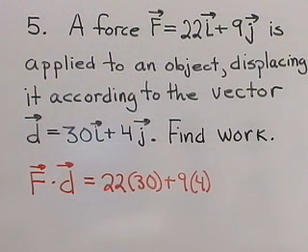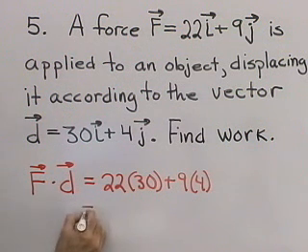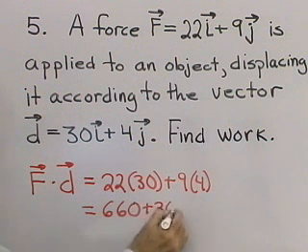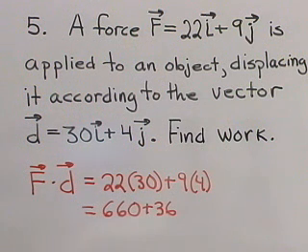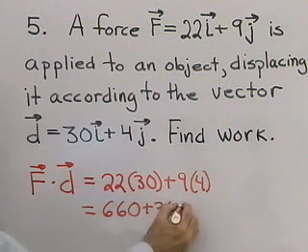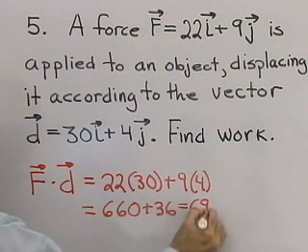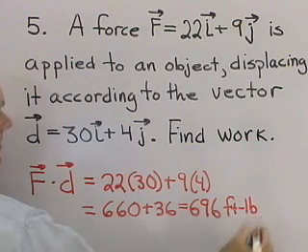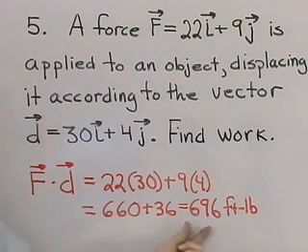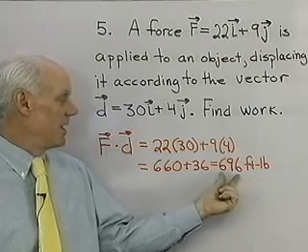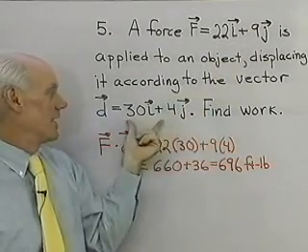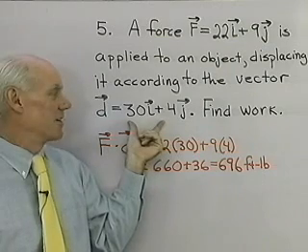Okay, and that ends up to be, let's see, I think 660 when I multiply these. 660 plus 36, and that will come out to be 696 foot-pounds. So 696 foot-pounds, that is the amount of work that's done when I apply this force to an object and displace the object according to this vector right here.